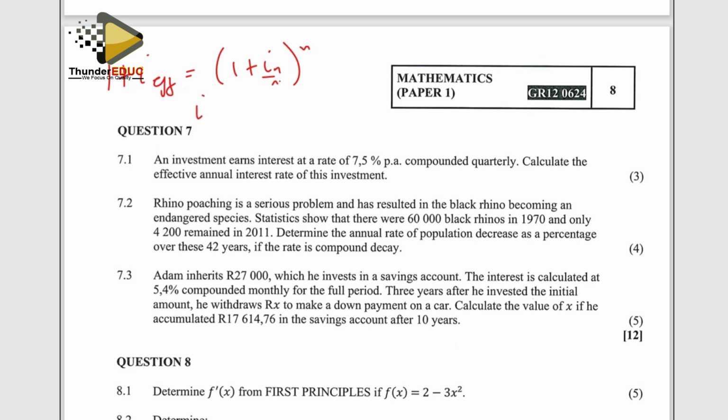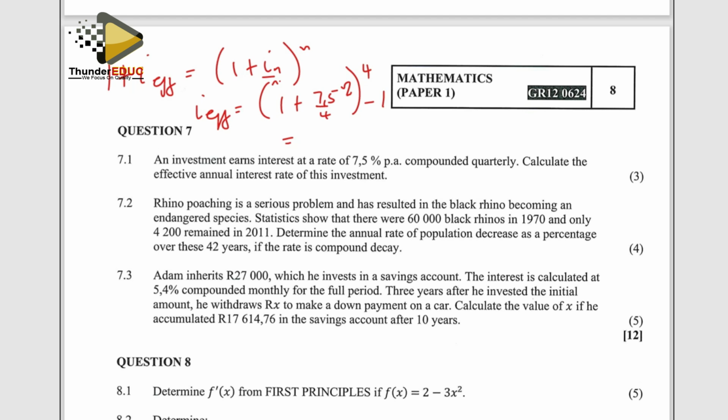Then I effective is going to be 1 plus 7.5% over 4, to the exponent of 4, minus 1. Okay, so when I punch this into my calculator, over 4 to the exponent of 4. And then we subtract the 1.